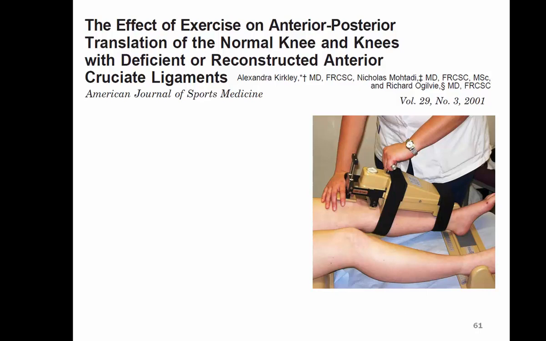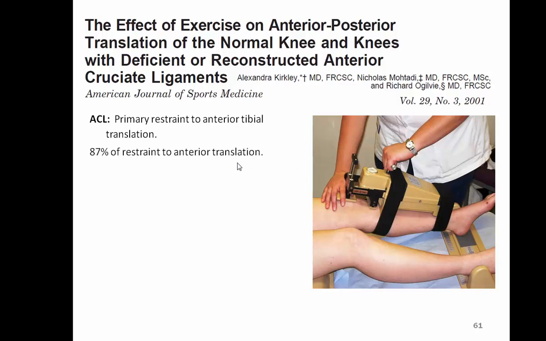This study was published in 2001, and in this particular study, they sought to examine the restraining characteristic of the ACL. This device here is referred to as an arthrometer that will provide a more objective measure of the amount of anterior tibial displacement when applied to certain force levels.